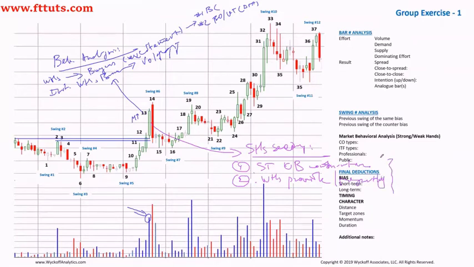What is this inviting them to do? That's inviting them to sell. That's so counterintuitive. Why would somebody sell when everything is so bullish?